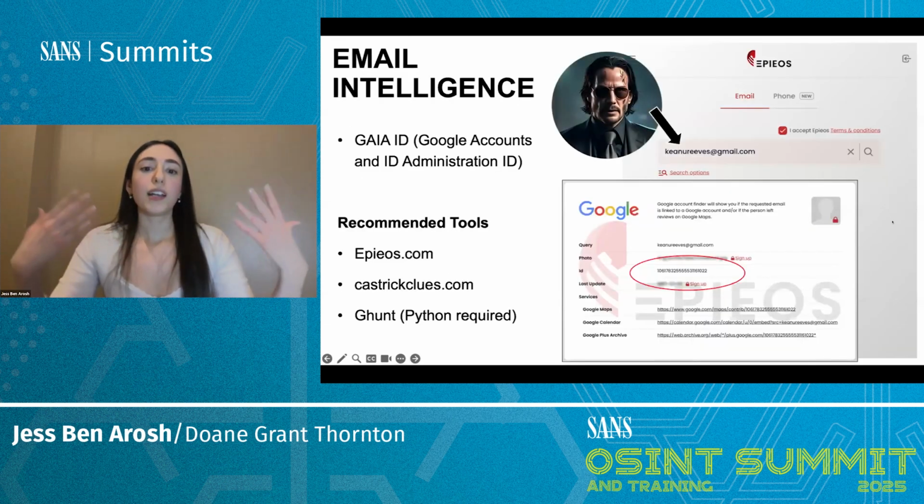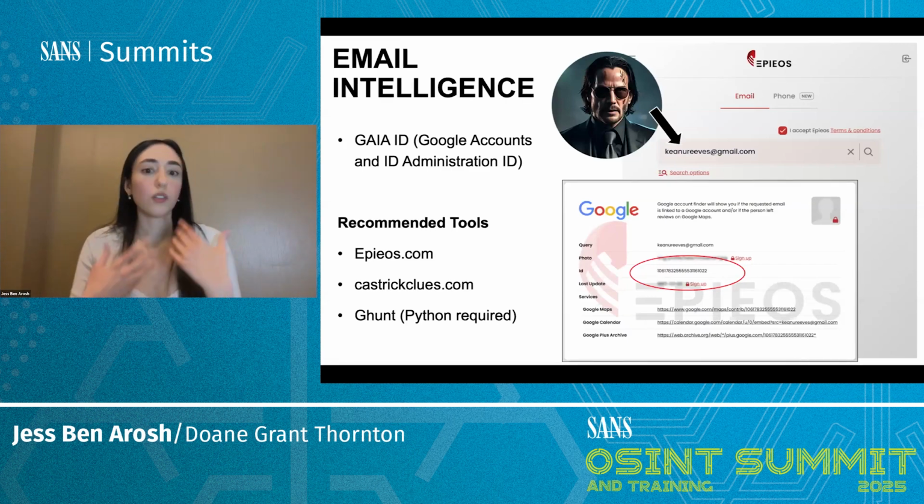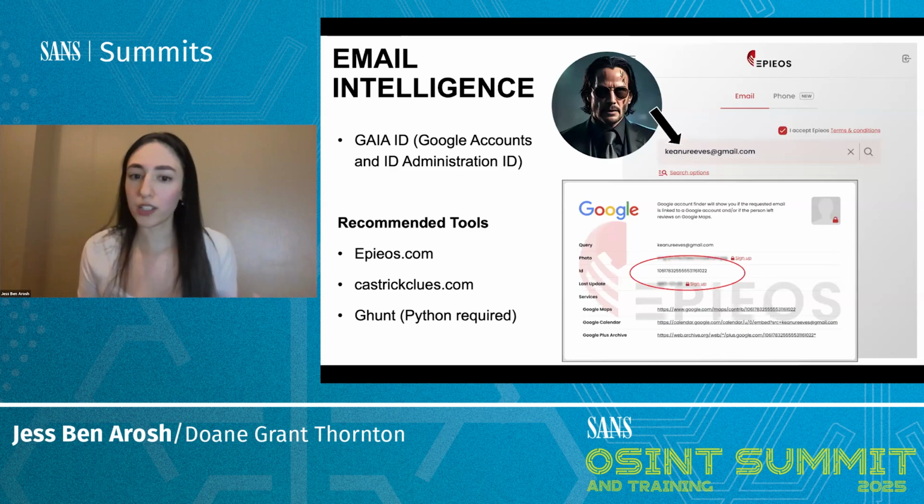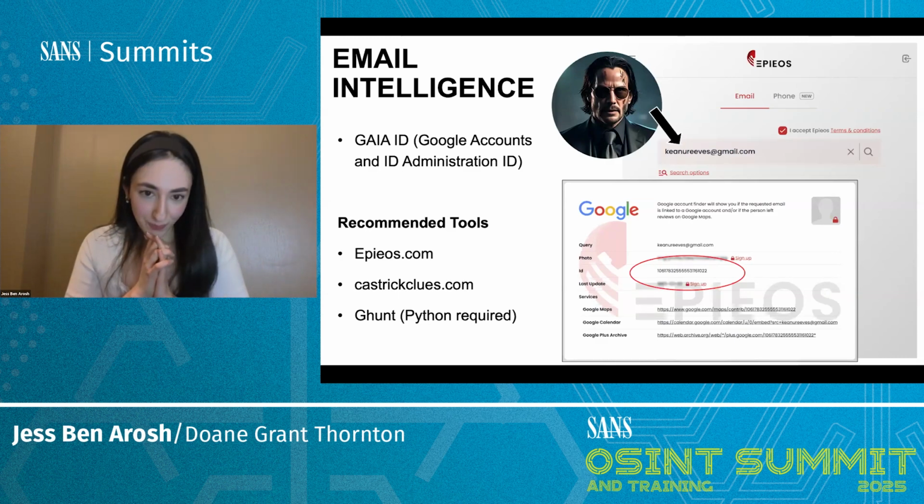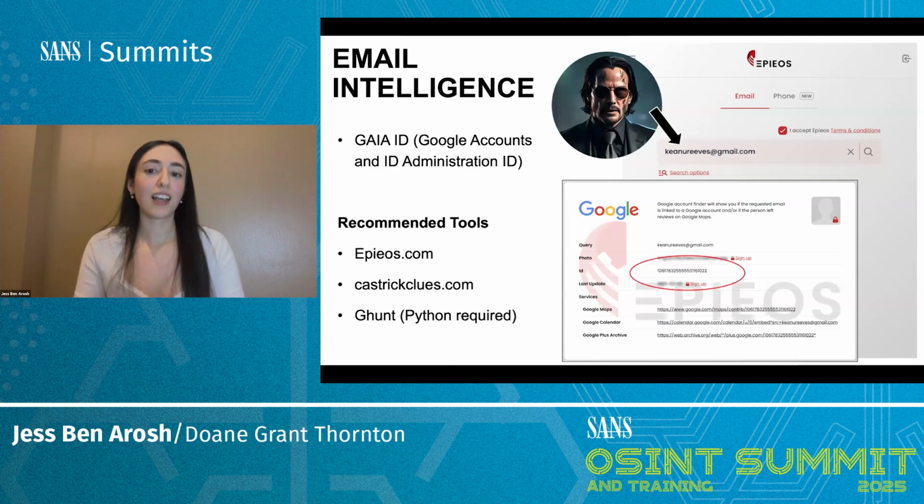All right, so I have my email address now, and what do I do next? Let's say my email address of interest is keanureeves@gmail.com, just hypothetically. The next thing I would suggest doing is finding the GAIA ID, the Google Accounts and ID Administration ID.